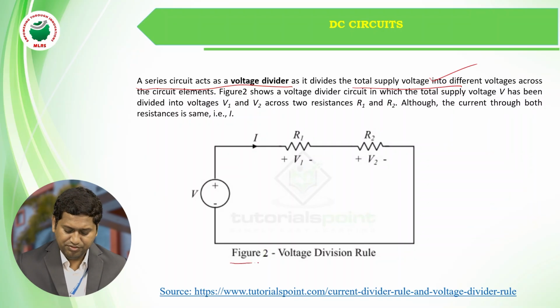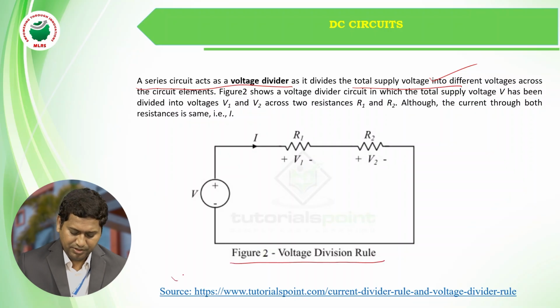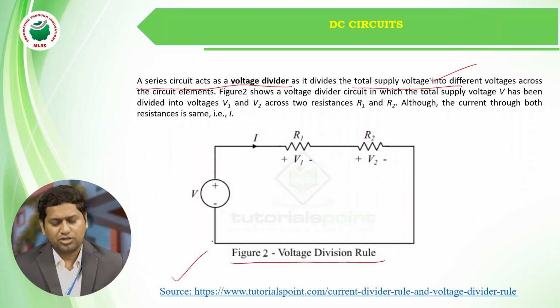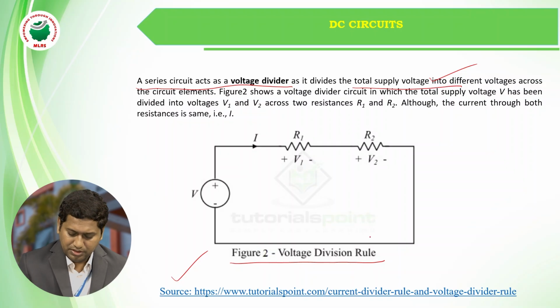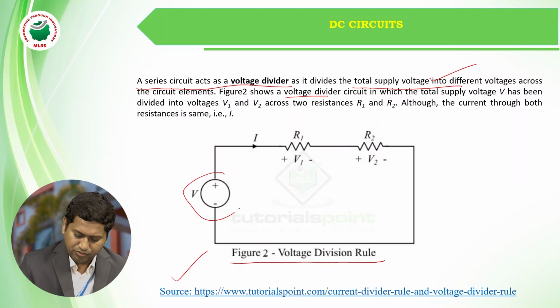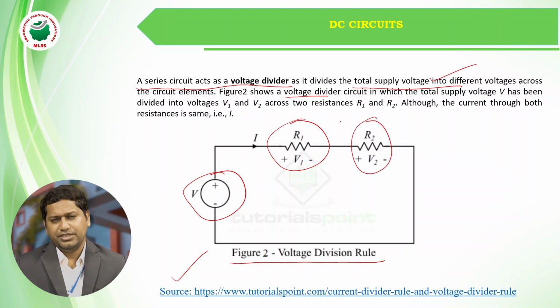If you see this figure 2, the source is taken from tutorialspoint.com. Figure 2 shows the voltage divider circuit in which the total supply is V, the first resistance is R1 and the second is R2.